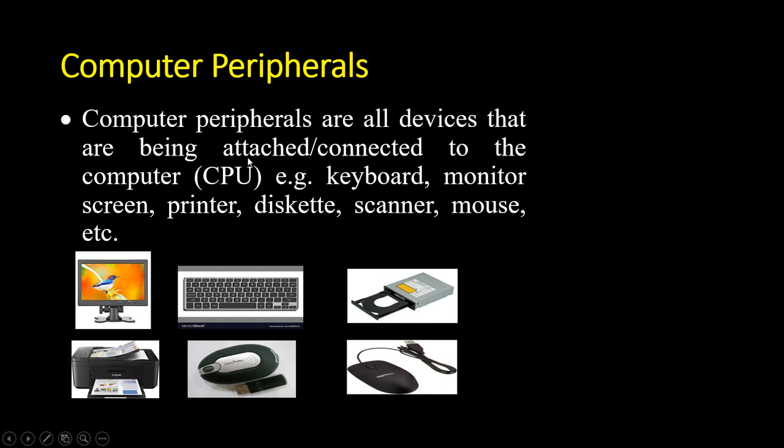The CPU's mechanism is made to perform at a very high speed and to interact with several other components within it. When such activities are taking place, these attachments have no part to play, and so we call these devices peripherals or computer peripherals.